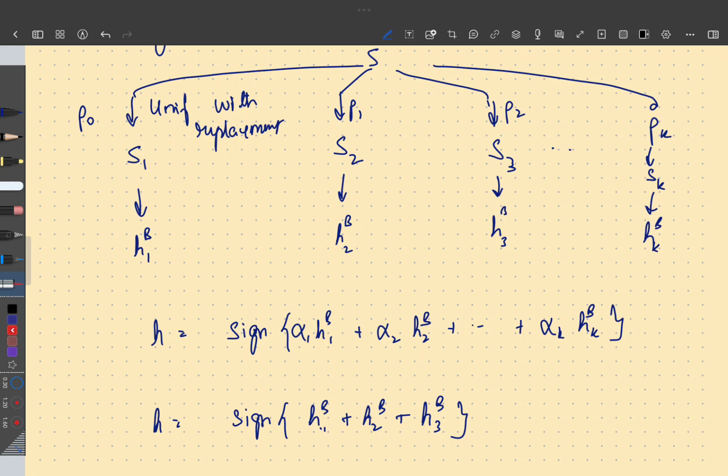Now, over this you trained H1b. Now this H1b makes some errors in S1. The new distribution P1 is such that there's a slightly higher probability of picking those samples which were incorrectly classified by H1b.